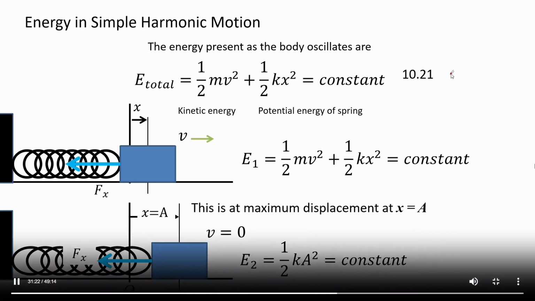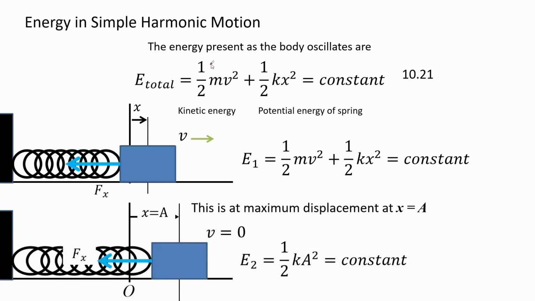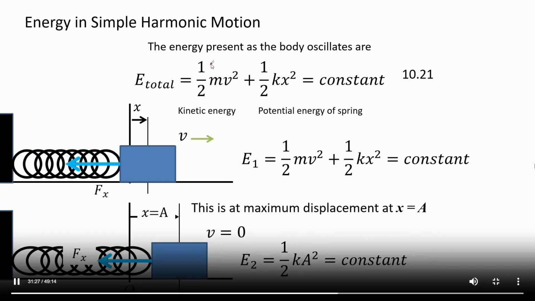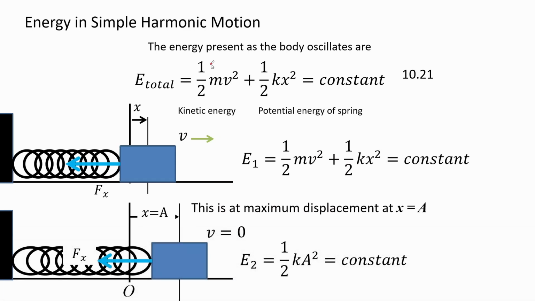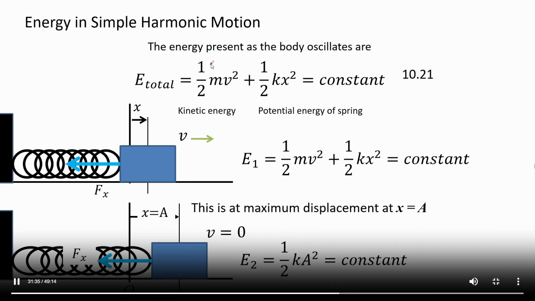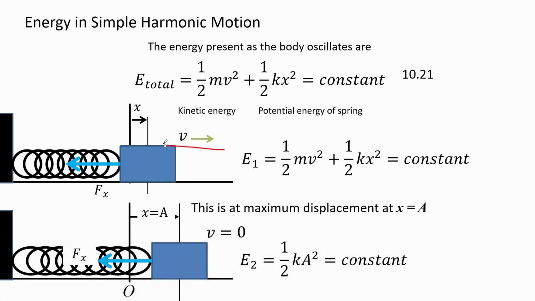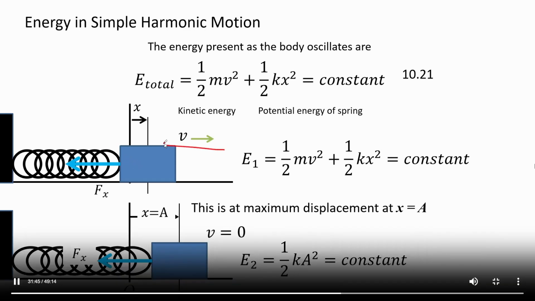Now, of course, let's talk about the energy in simple harmonic motion. So again, the mechanical energy is the sum of the kinetic and the potential. Here, the potential is the elastic potential energy. So you have two scenarios. The first scenario is the spring being compressed by the mass while it is moving. So there is potential energy in the spring and kinetic energy in the block of mass.